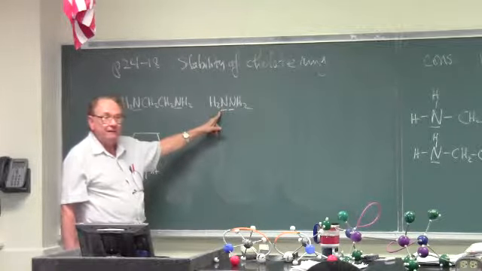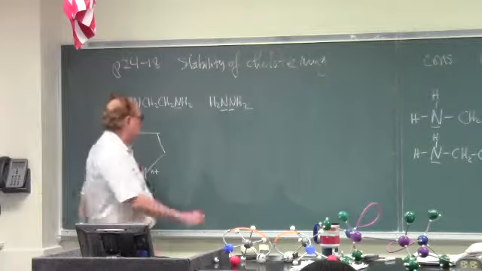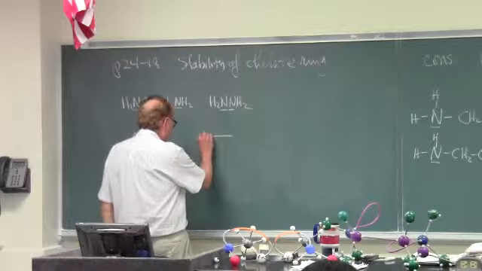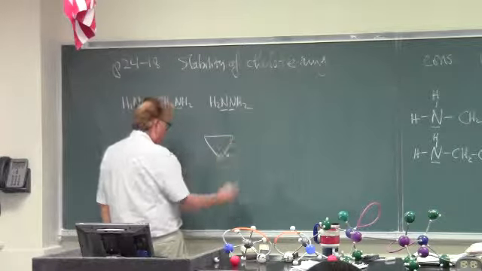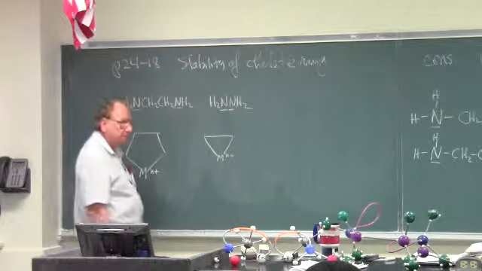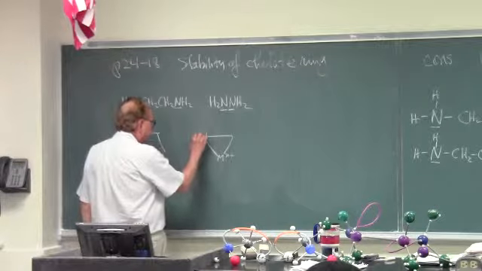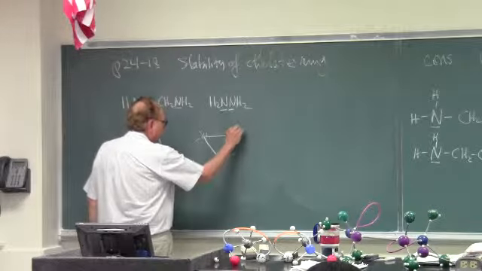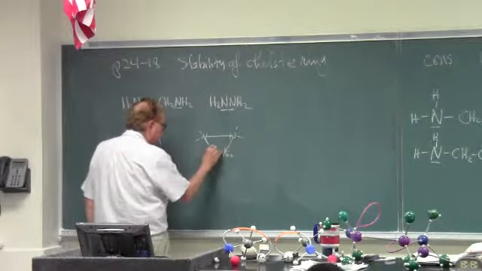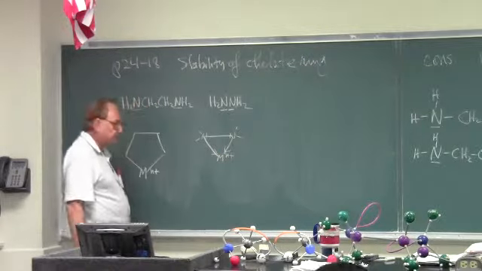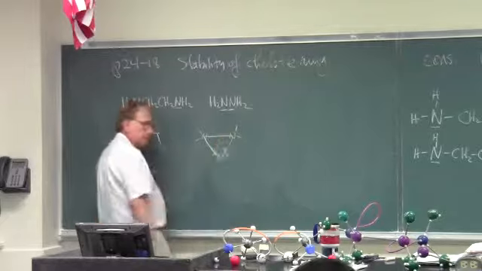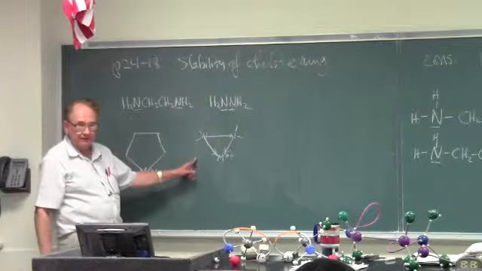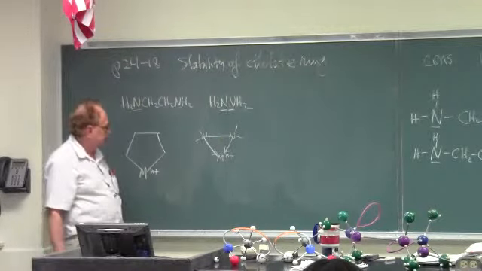If this thing behaved as a chelate, there's the ring you'd get. And coordinate covalent bond, coordinate covalent bond. But we never get chelate rings like this. At least I don't know of any. Why not?